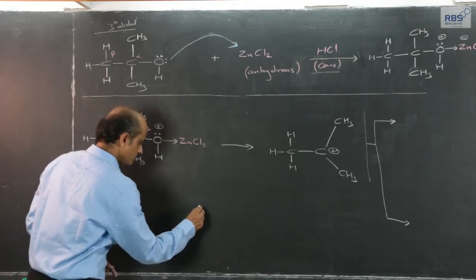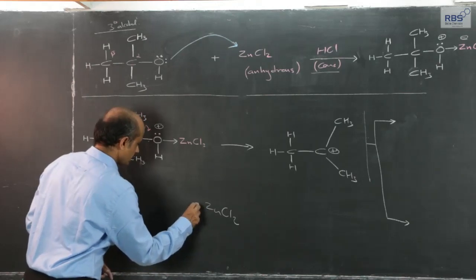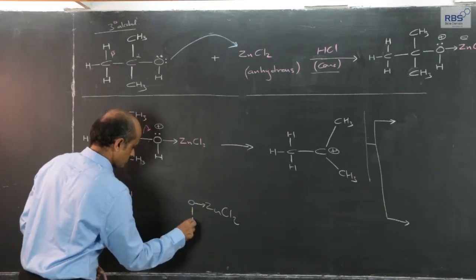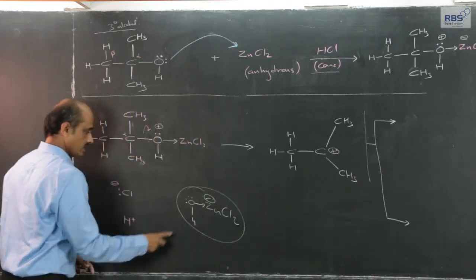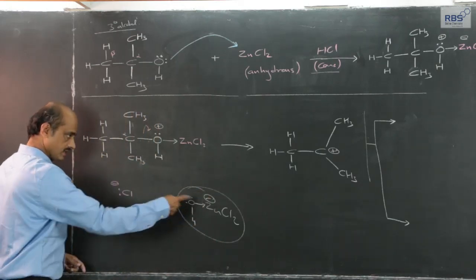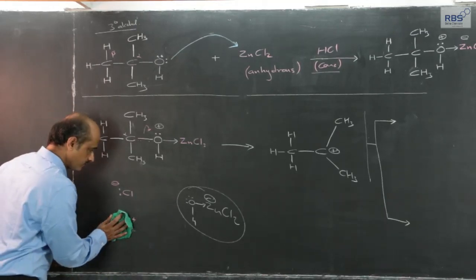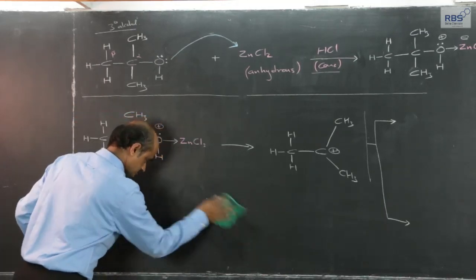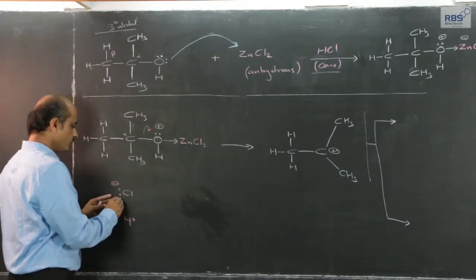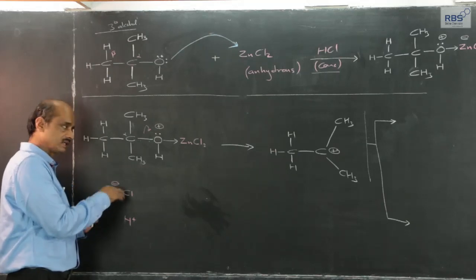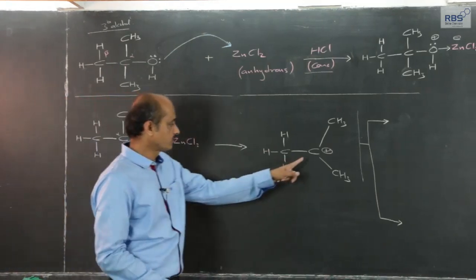I can show it in short here: ZnCl2 and OH, the two lone pairs, negative charge, and this will react with H plus, and what we get we have considered earlier. Therefore, I will remove this. So, before the attack of this nucleophile Cl minus ion, this step is fast heterolysis giving rise to a carbonium ion.